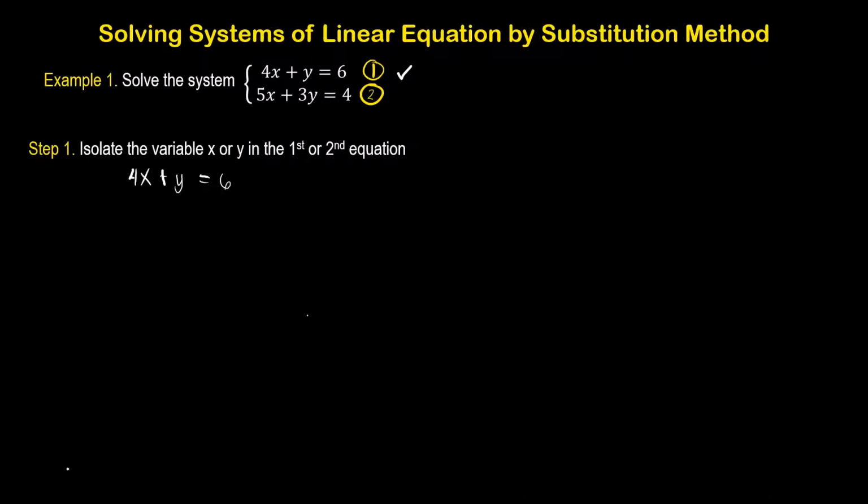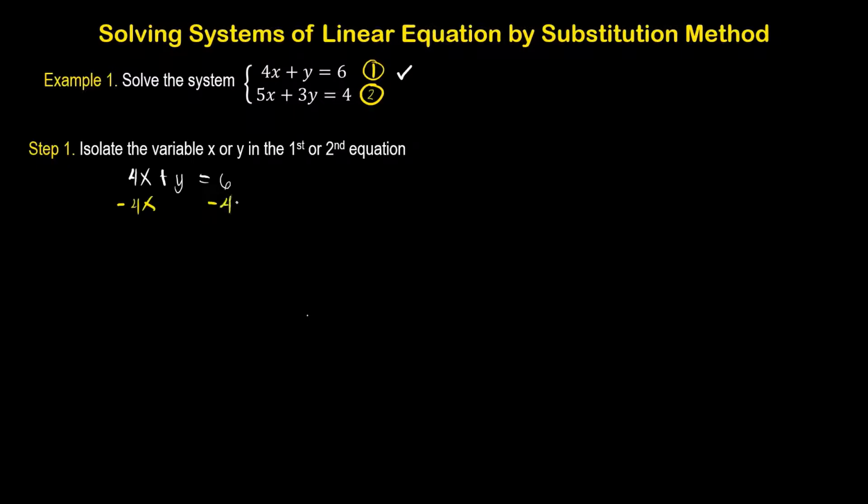Then, ang next natin gagawin is mag-decide tayo. Okay? Anong una kong i-isolate? Si x ba or si y? But of course, kung titingnan natin to, mas madali na lang i-isolate si y. So therefore, para ma-isolate natin si y dito, ang gagawin lang natin is mag-add tayo ng negative 4x on both sides.